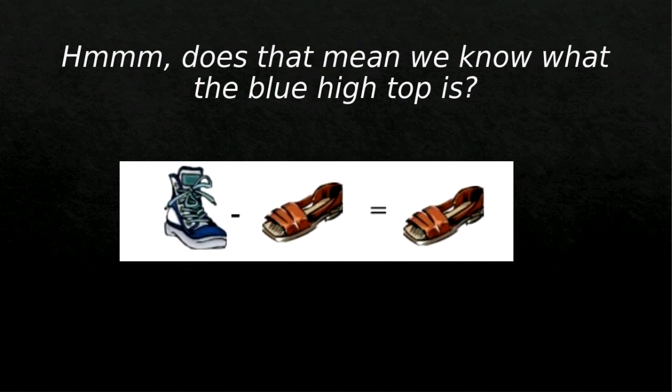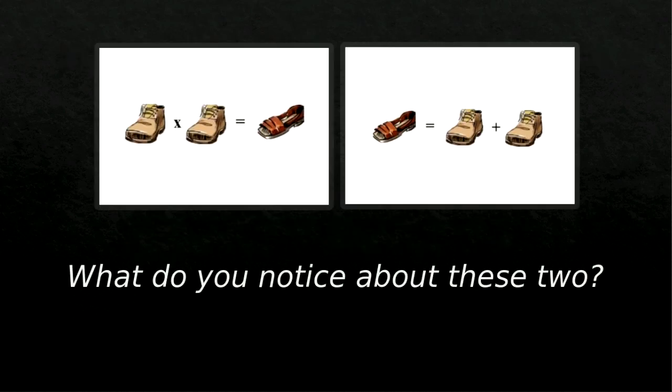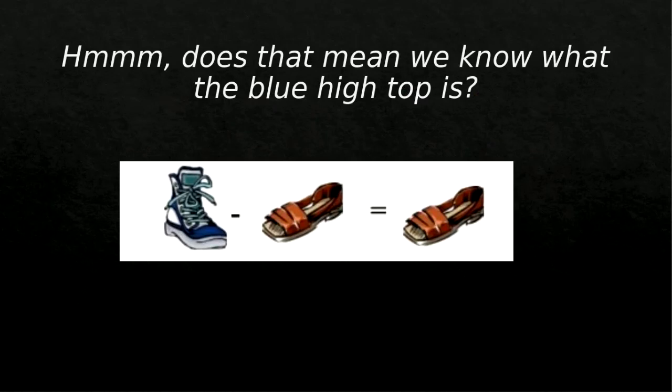That brown sandal, we saw that brown sandal before. Where did we see that brown sandal? Here. Remember when we did this slide? That brown sandal is 4, correct. So if we know that the brown sandal is 4, what is this blue high top?